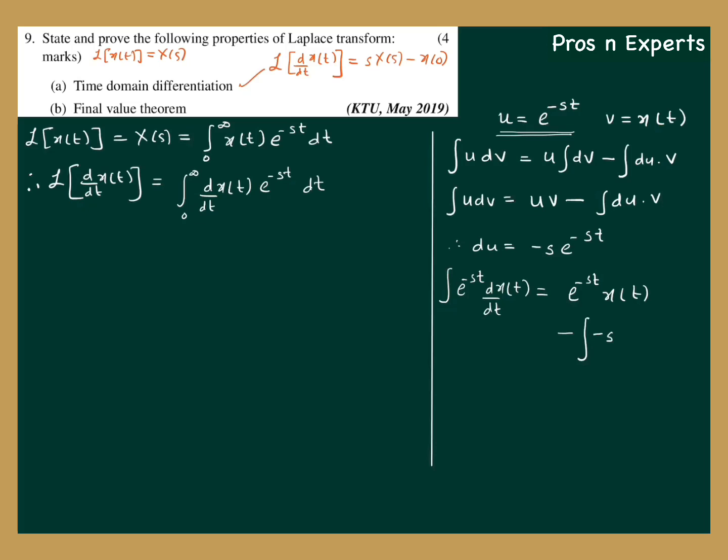Du is minus s into e raised to minus st, and v is x of t, dt. I can simplify it as e raised to minus st into x of t plus s, as a constant with respect to time differentiation, so plus s into the integral of e raised to minus st into x of t dt.